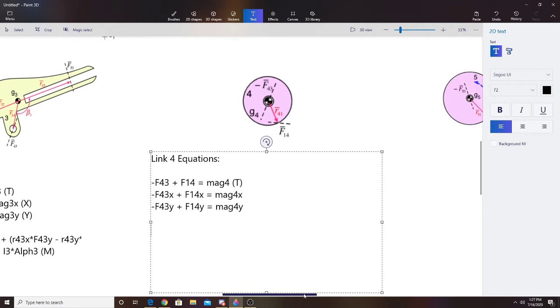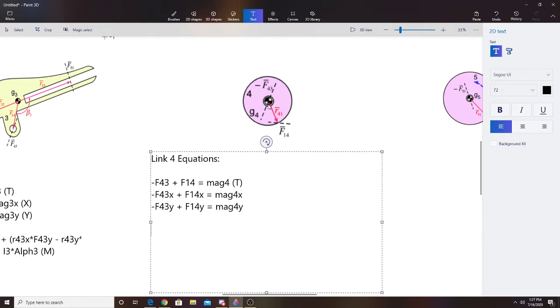Yes. Okay. So if this pin holding it in place is all it's doing, is the internal pin force contributing to a moment in any way? So think about it.